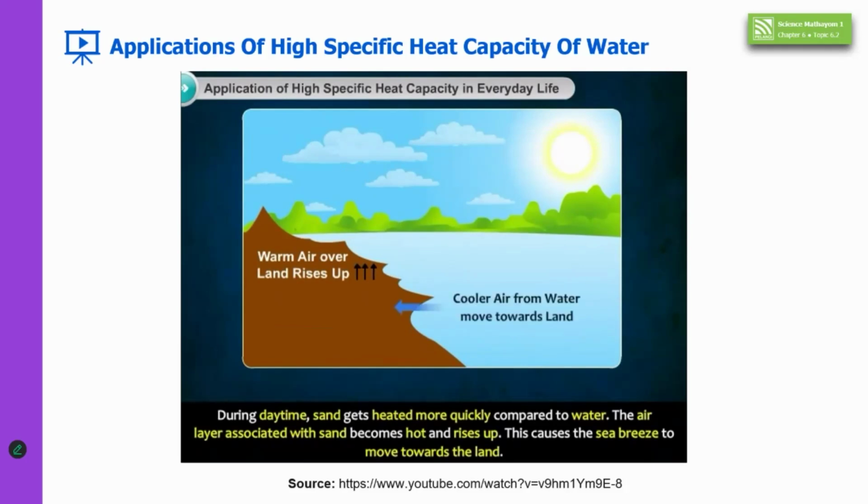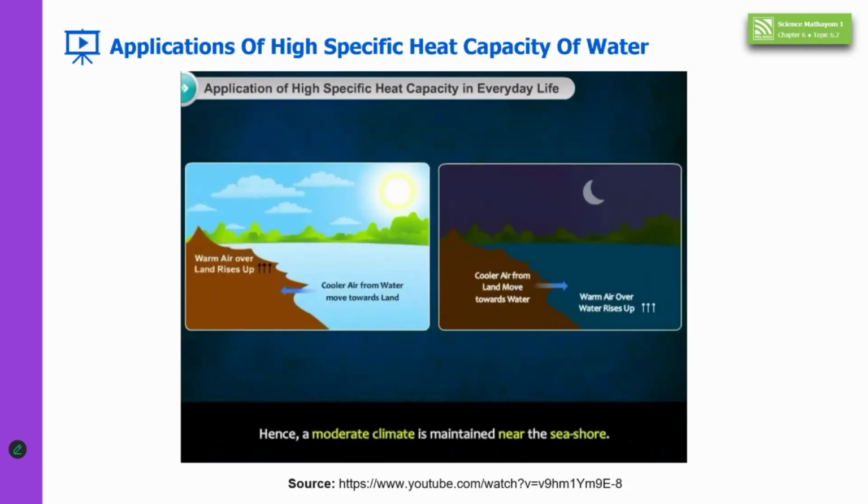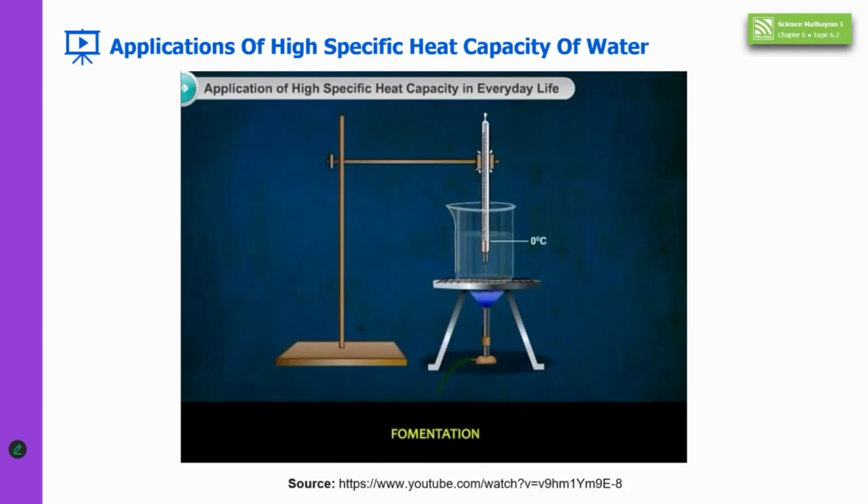This causes the sea breeze to move towards the land. During night, as the sand cools much faster than water, the air layers above the water are hotter than the air layer above the sand. Therefore, they rise up and land breeze moves towards the sea. Hence, a moderate climate is maintained near the seashore.